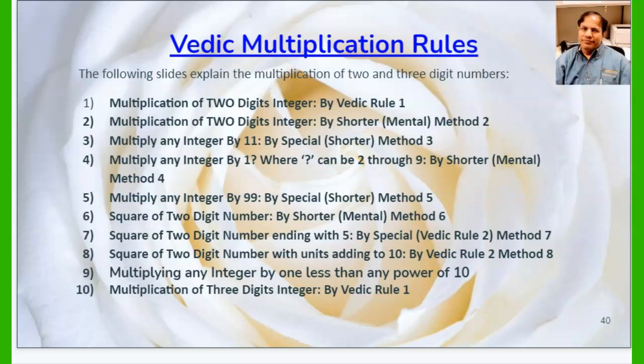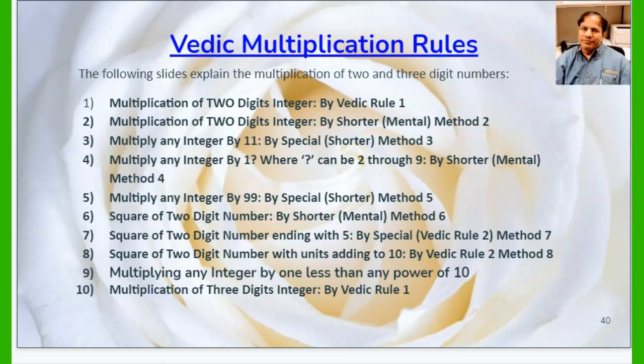The method 1 is the general one, where it gives you the multiplication of 2-digit integers. Both the multiplicand and the multiplier are 2 digits. Then we go on with special cases and of shorter methods.